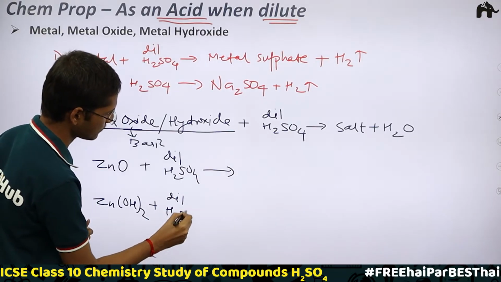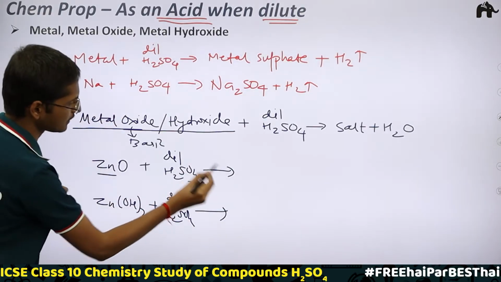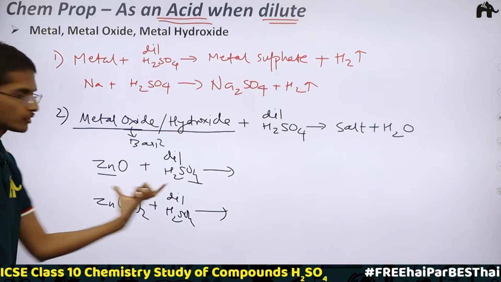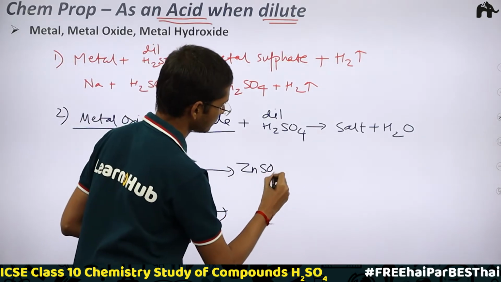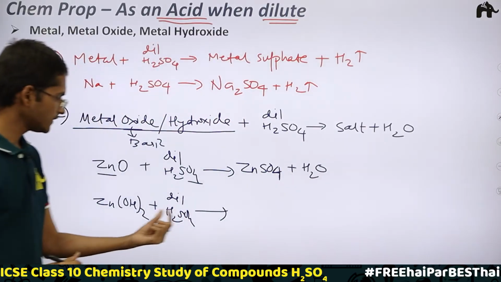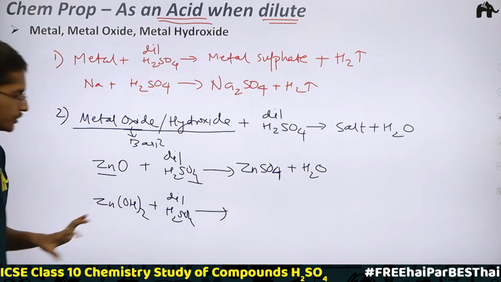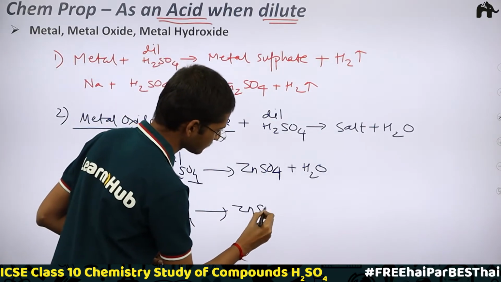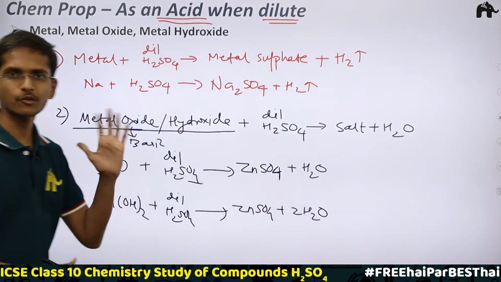It forms zinc sulfate, which is the salt, you can see here, and then H2O, water. Same way here, zinc sulfate and 2 water molecules. Very simple type of reactions.